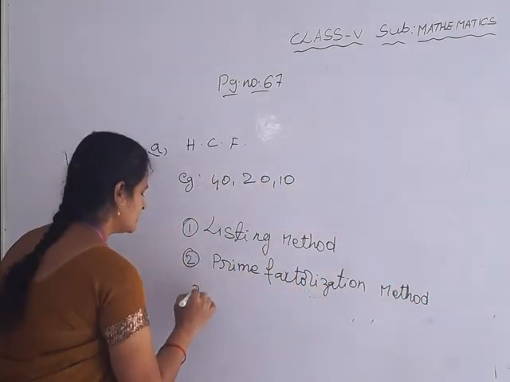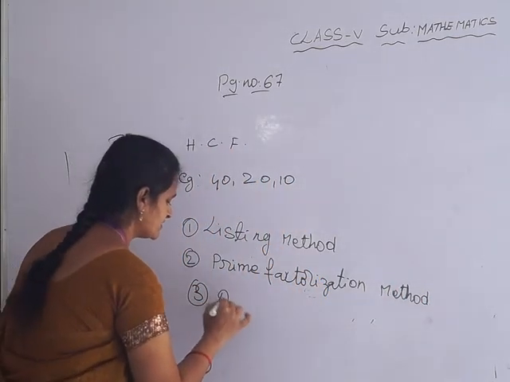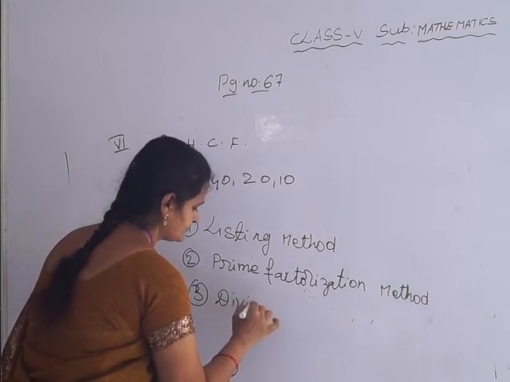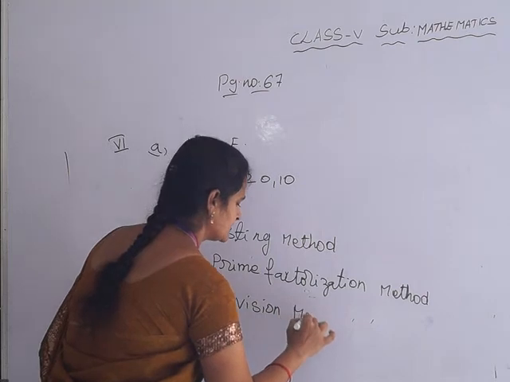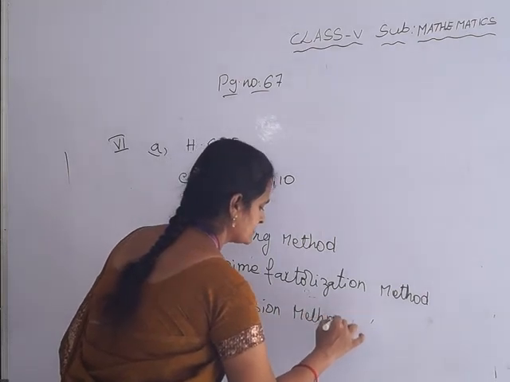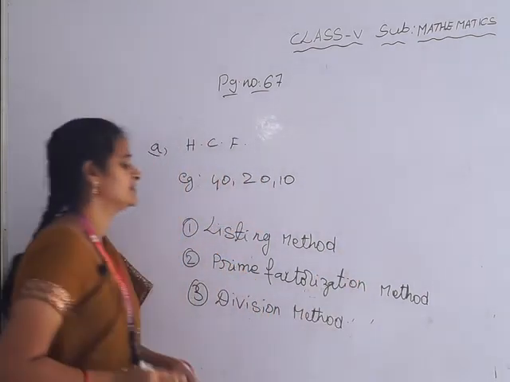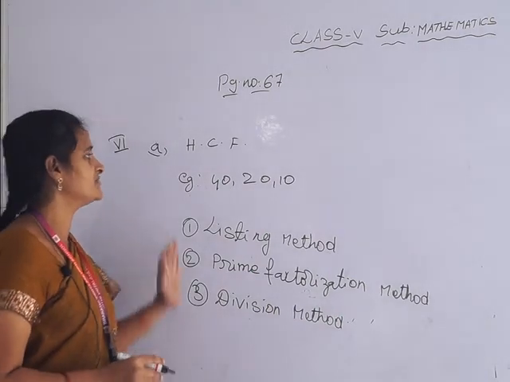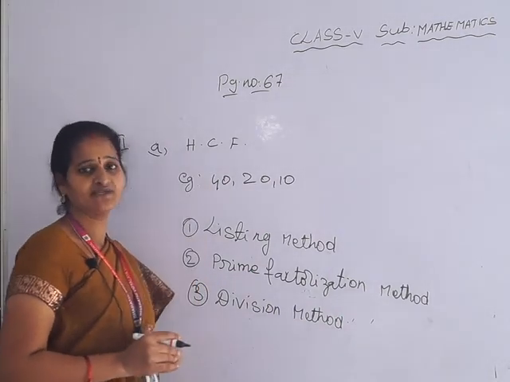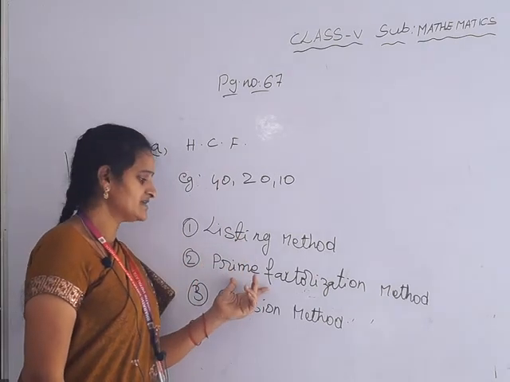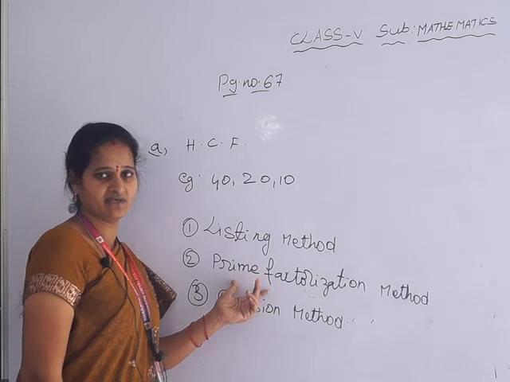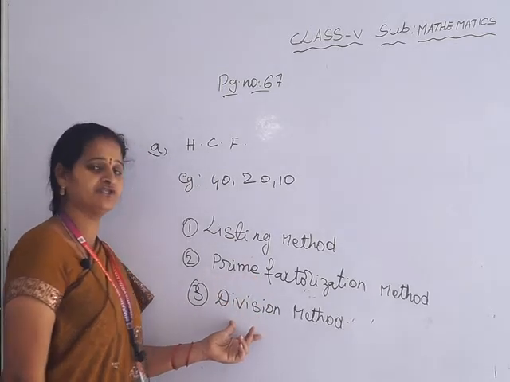And the third one is the division method. In these three ways we can find the HCF, highest common factor: one is the listing method, another is the prime factorization method, and the third is the division method.